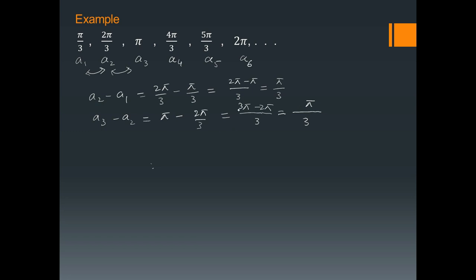So you can see the difference is the same. Now you can take this pair, also this pair and this pair, and we will be getting the same difference. So this is the common difference, which is pi by 3, and the given sequence is an arithmetic sequence.